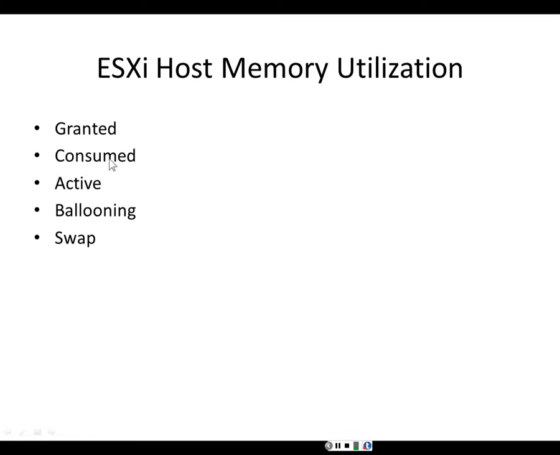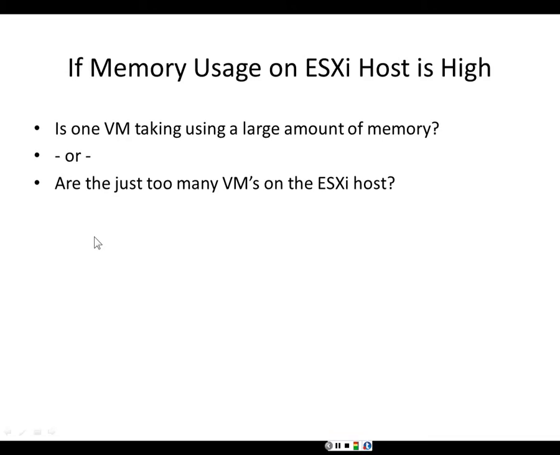So if we're short on free RAM, or ballooning is high, or if swapping is high, well, that means we're short on RAM. So if we are short on RAM on the ESXi host, then the question we have to ask is, is one virtual machine taking a large amount of memory, or do we just have a large number of virtual machines on that ESXi host?